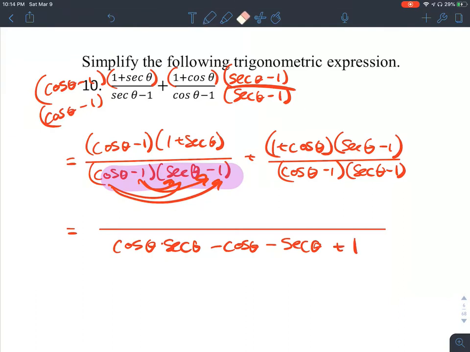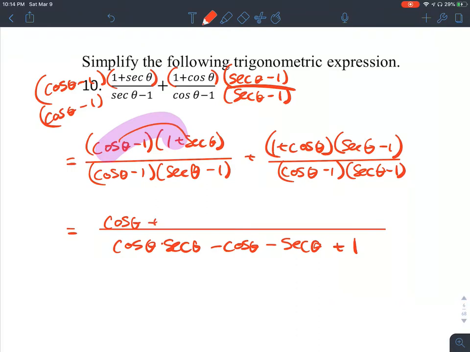In my numerator, if I multiply this together, we're going to have cosine times 1, cosine times secant, negative 1 times 1, negative 1 times secant, plus, now if this was a minus here, I would have to put all the stuff in parentheses over here so I can distribute the minus, but it's not, so I don't need to.